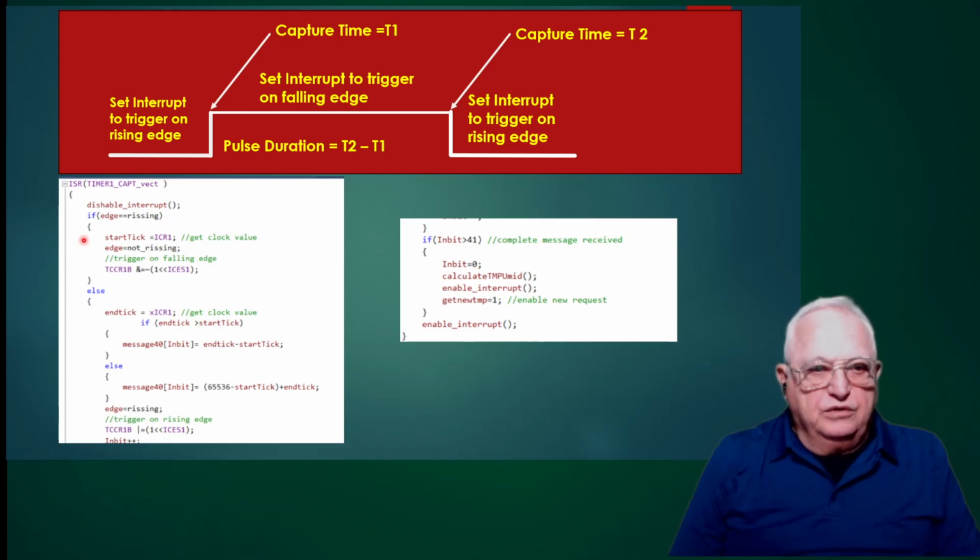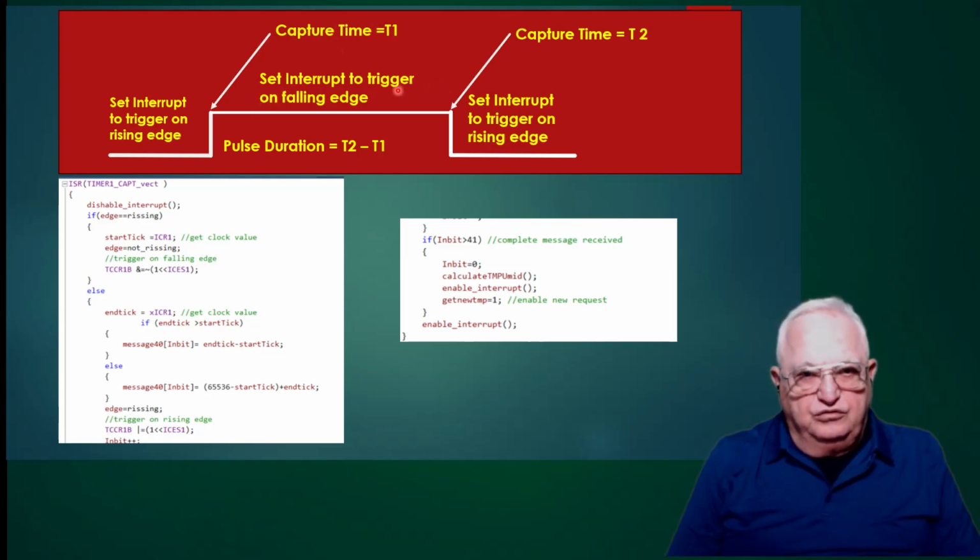So what we do is we get the value of the clock. Then we change the edge to not rising, and then we set the capturing to falling. So we did this, we capture the time, now we set it to trigger on falling edge.